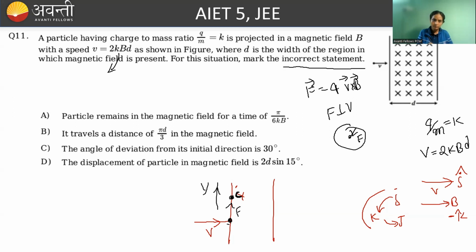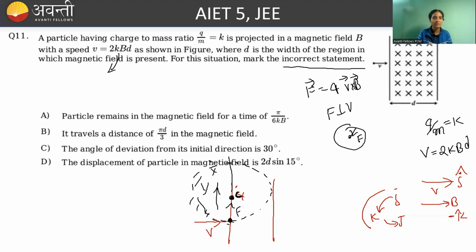Now we need to see, if this is the center, it can't go completely in a circle, because even if it goes in a semicircle, it will come out like this, because magnetic field is not present in this region, right? Because center is here, it can't go in a complete circle. Complete circle will mean a circle like this. But in this region, there is no magnetic field.